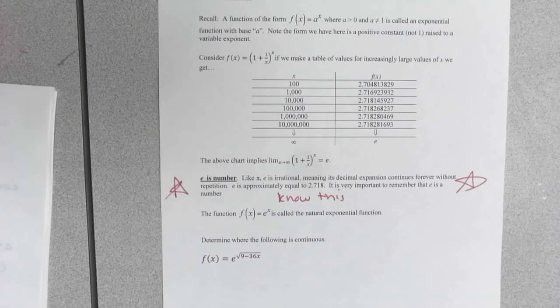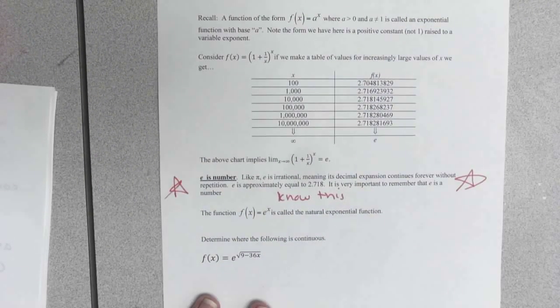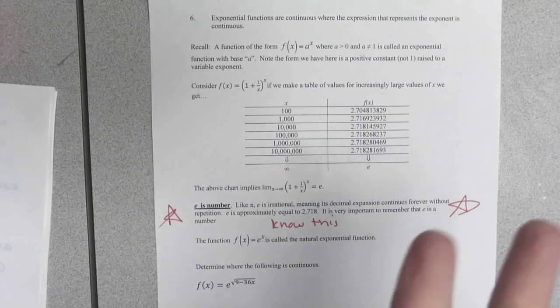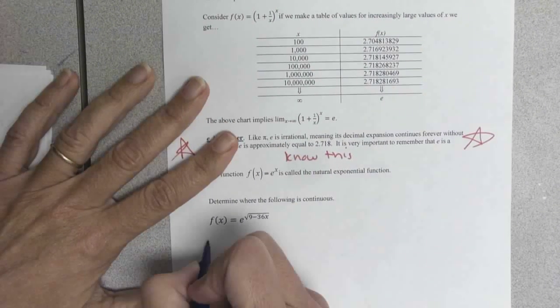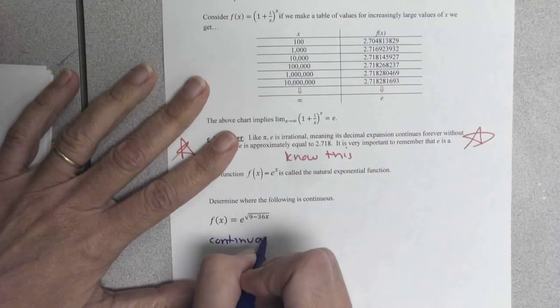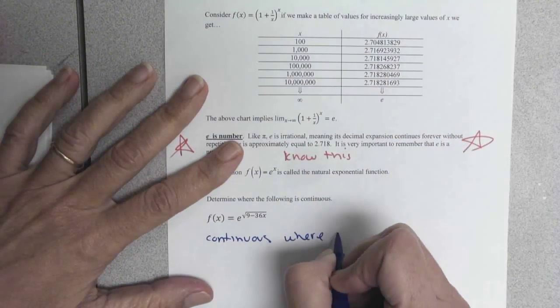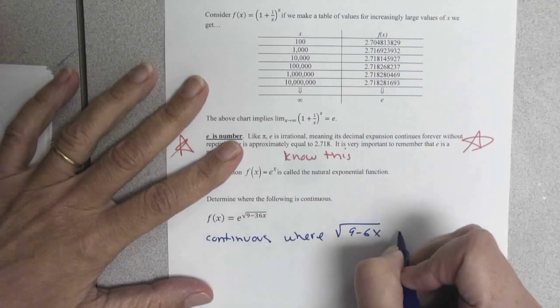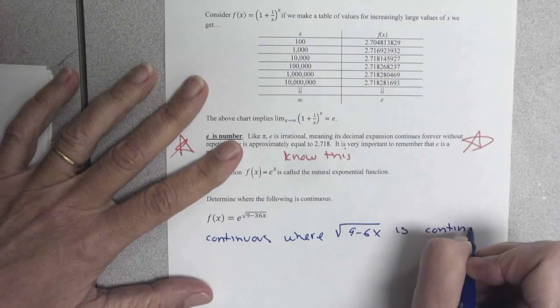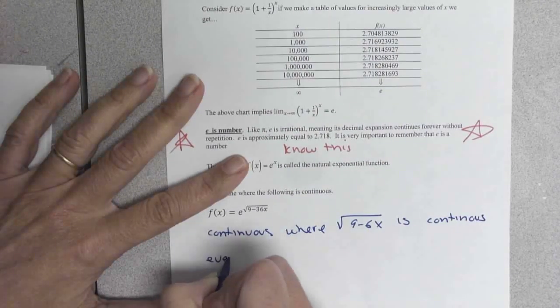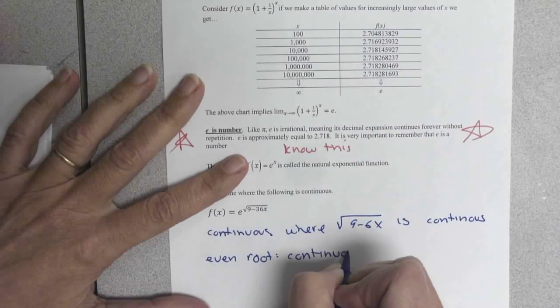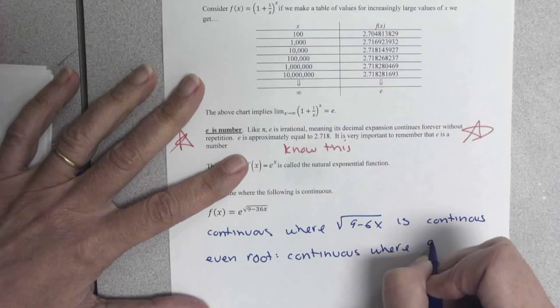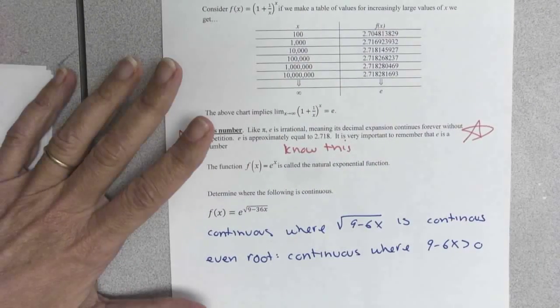So determine where the following is continuous. And so our rule that we have up at the top there, an exponential function is continuous where the expression that represents the exponent is continuous. So this will be continuous where the square root of 9 minus 6x is continuous. That's an even root. So it's going to be continuous where 9 minus 6x is greater than 0.